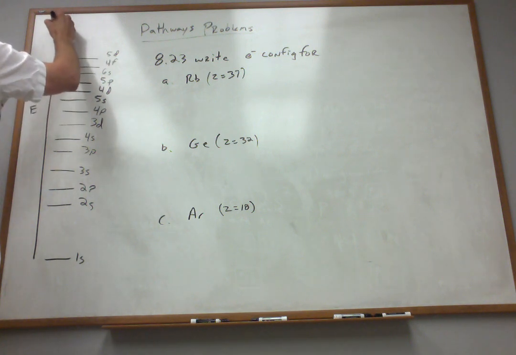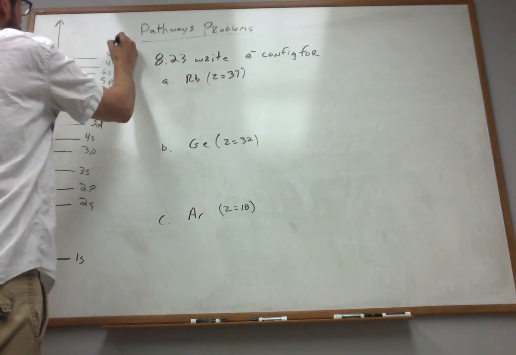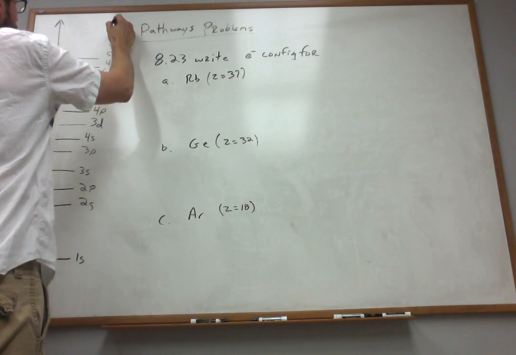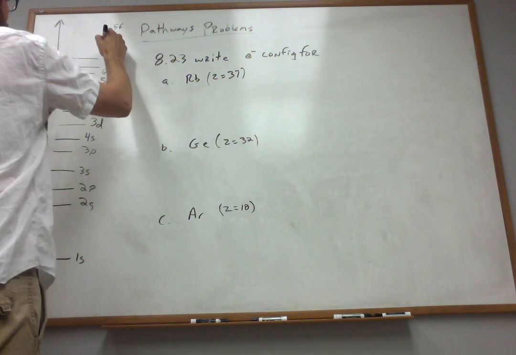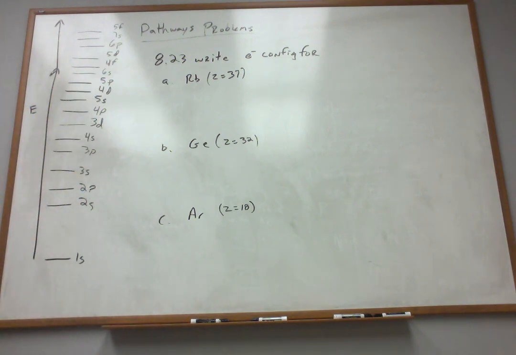These are all atomic orbitals, or places where we can put our electrons. After our 5d, 6p, 7s, 5f, sorry. So anyway, it goes on and on. There's a whole long list of these, okay?